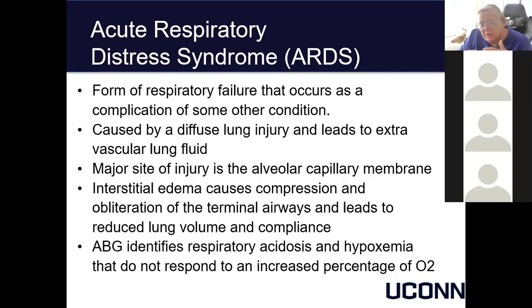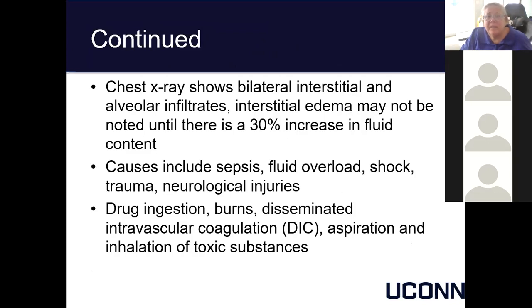So you've got that decreased transfer of gases, and your ABG is going to show respiratory acidosis, hypoxemia, and you're going to give an increasing percentage of oxygen, and it may or may not respond. So this is a significant big deal. Chest x-ray is going to show diffuse interstitial fluids.